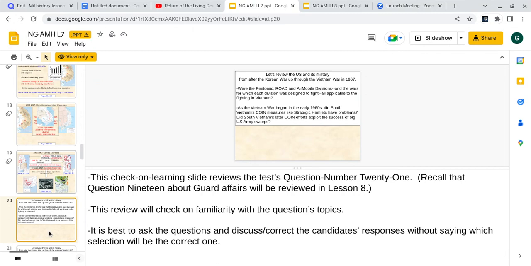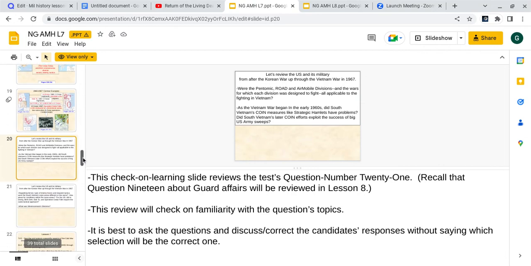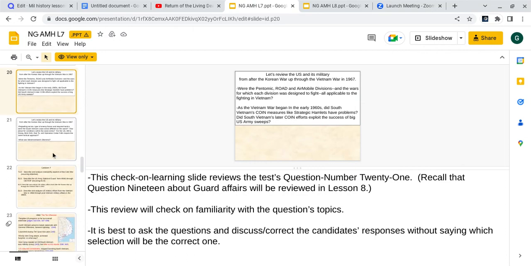Then, did South Vietnam's later COIN efforts exploit the success of big U.S. Army sweeps? So they tried, right? But like I just said, the army wasn't that great in South Vietnam, so they struggled to exploit the successes of all the victories that the U.S. was winning, basically, because South Vietnam's army wasn't strong enough to stand on its own, and any time the U.S. Army claimed land or made headway, the South Vietnamese army failed to then keep that land under control.